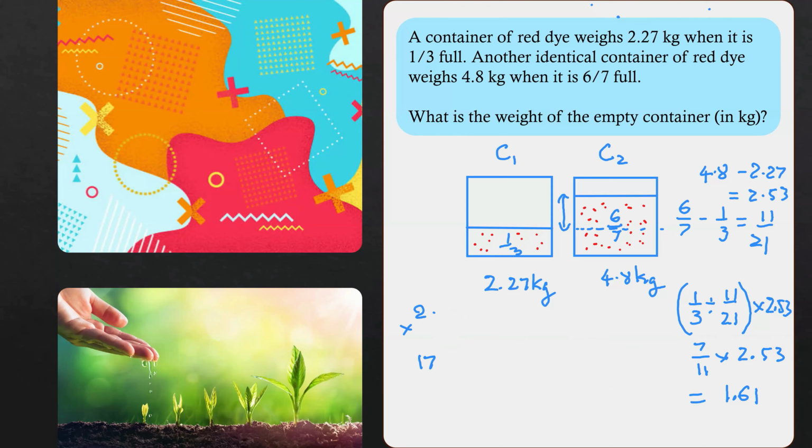Okay, I free up some more room. Now, to find the weight of the empty container, I have to subtract the paint from the weight of the entire thing. So for container 1, we have 2.27. Now we need to take 1.61 away from it.